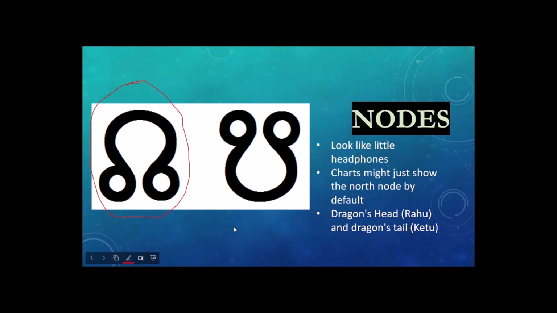So if you have a North Node listed on your chart at 14 degrees of Pisces and you don't have the South Node on there, you can know that the South Node is going to be directly across the wheel from 14 Pisces, at 14 Virgo. So that's an example.